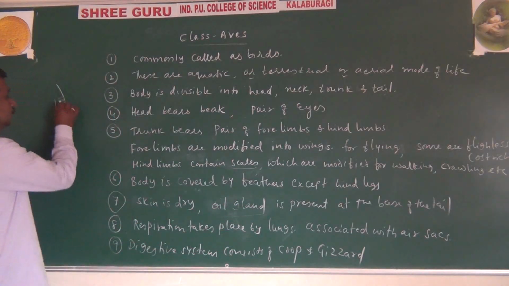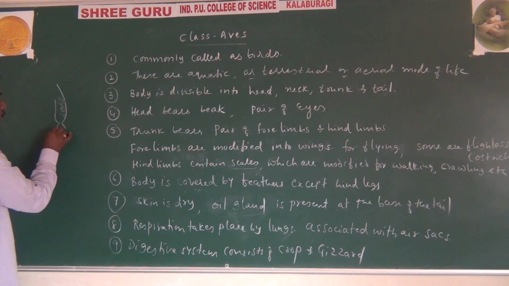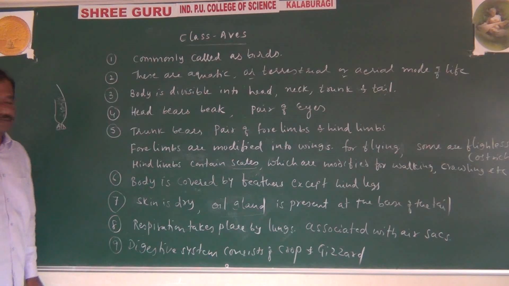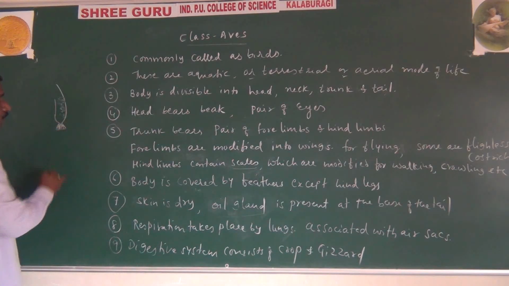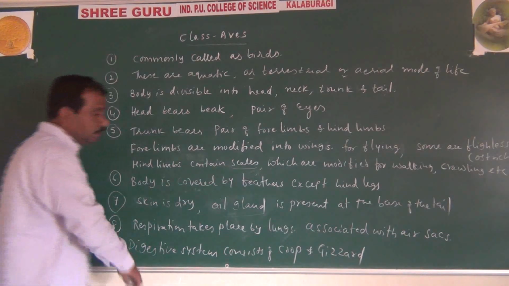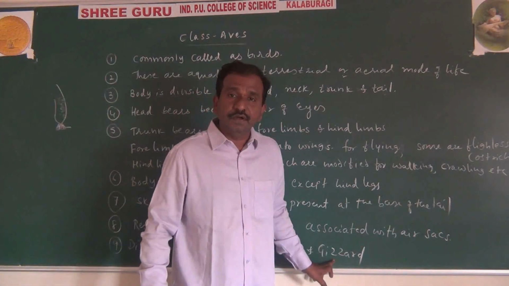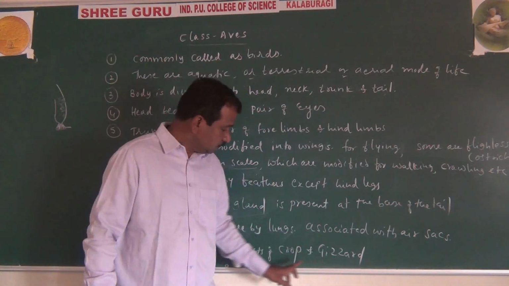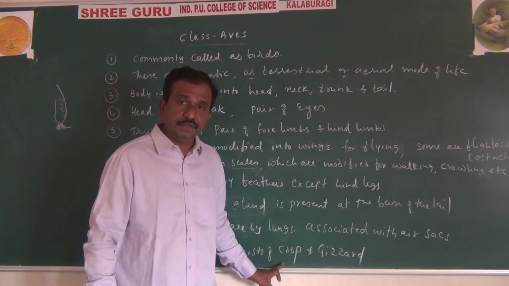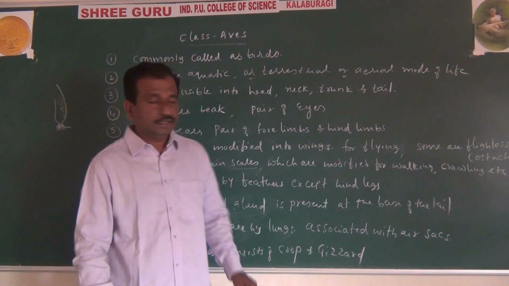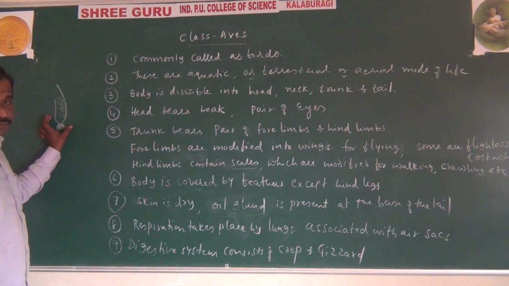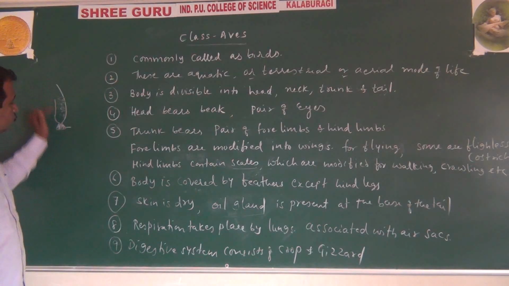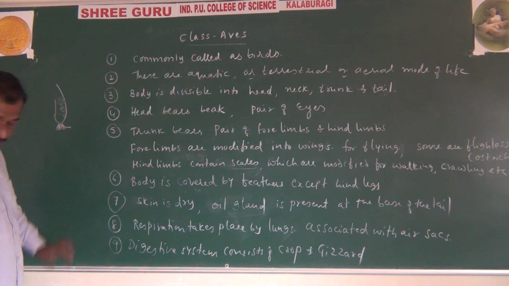Crop is for storage. Gizzard has small chitinous teeth present. These chitinous teeth are mainly meant for crushing or grinding of food. So complete grinding takes place from the mouth to the gizzard. Right? This is the digestive system.